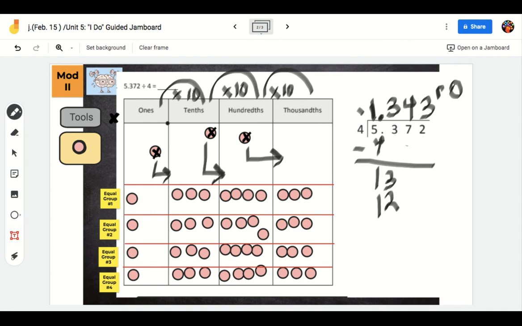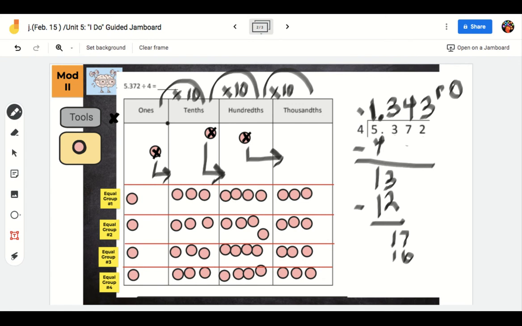When I subtracted, how many did I have left over? I had 1 left over. I brought my 1, decomposed it, then I had 17. I had 4 equal groups out of 17, which made 16.